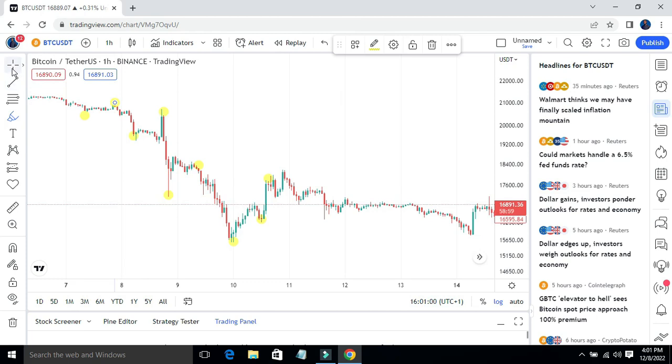So here we are getting lower highs, because this is a high, this is a high, this is a high, and they are going down. This one is higher than this one, and this one is higher than this one. And this is another high.